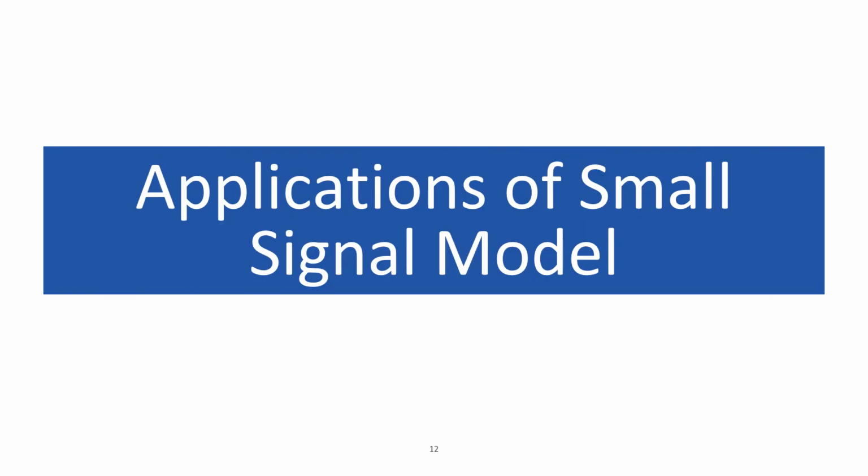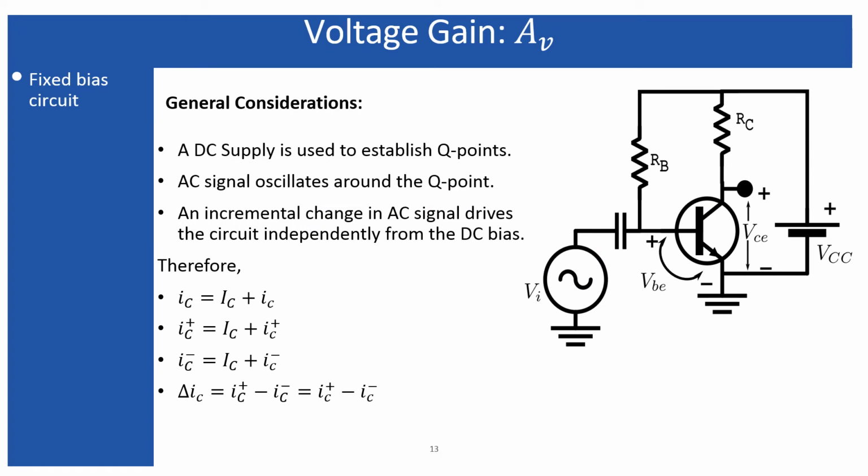Now we are moving to the next part, that is the applications of the small signal model for the common emitter configurations. In order to demonstrate the applications for the small signal model, I have considered the fixed bias first, because this one is the simplest biasing configuration, and for the beginning this one is much more suitable.